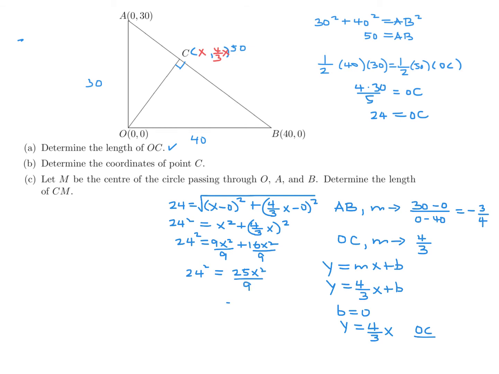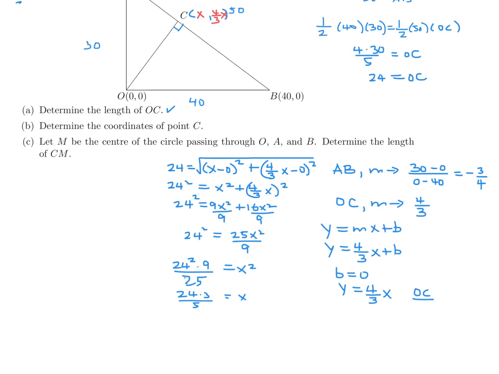So therefore x squared would be 24 squared times 9 over 25. So x would be 24 times 3 over 5, correct? So that means x is equal to 72 over 5. Yeah. Okay, 72 over 5 is x.